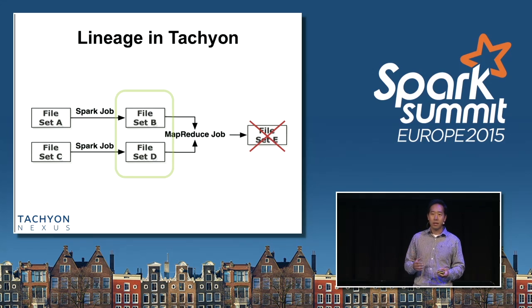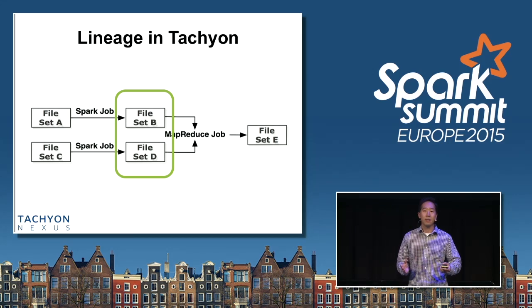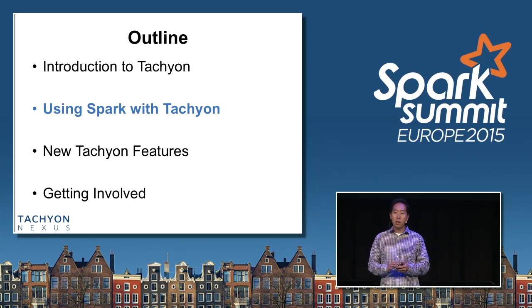Tachyon knows which files were used to generate that lost file, so it will recompute that file and regenerate the file that was lost. This is one way to achieve fault tolerance in a memory-centric storage system. So those two techniques are some of the ways that Tachyon can achieve this memory-speed data sharing.